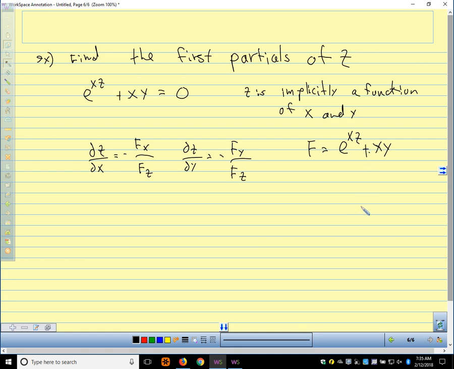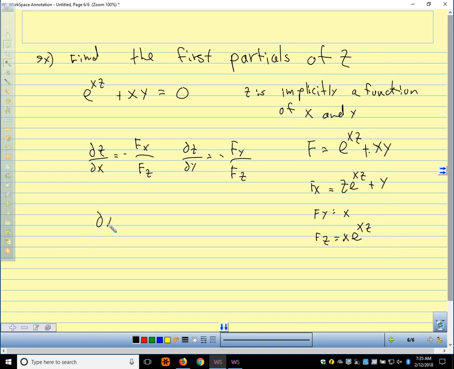So now we just have to take a couple partial derivatives. F sub x is z e to the xz plus y, f sub y is x, f sub z is x e to the xz. And we're pretty much done.